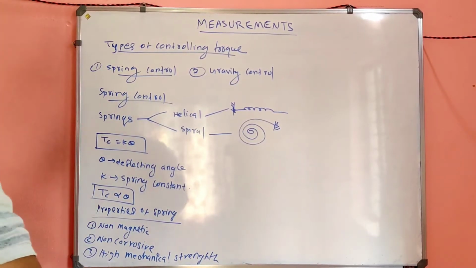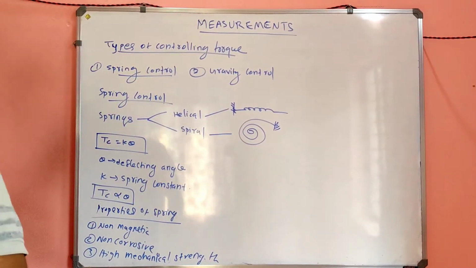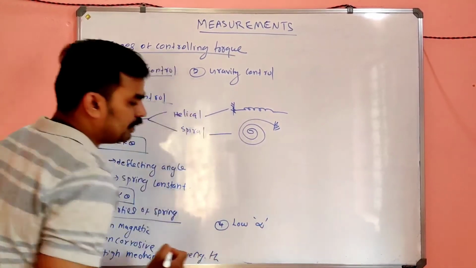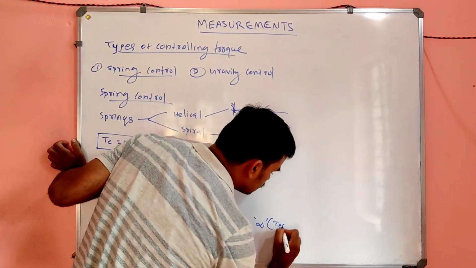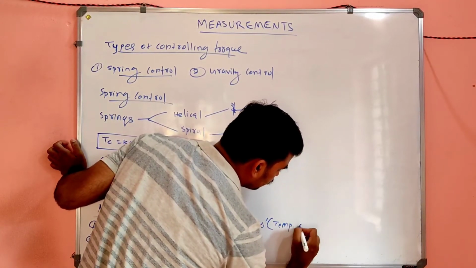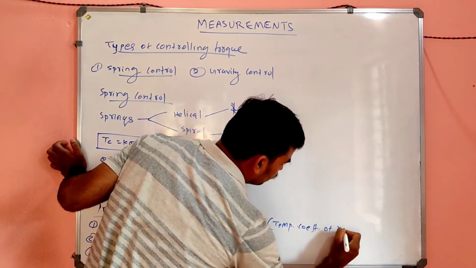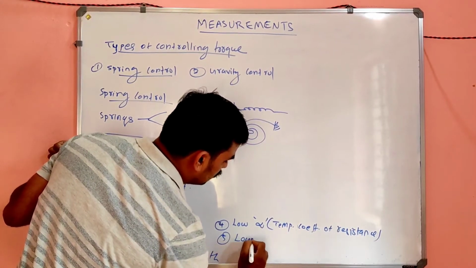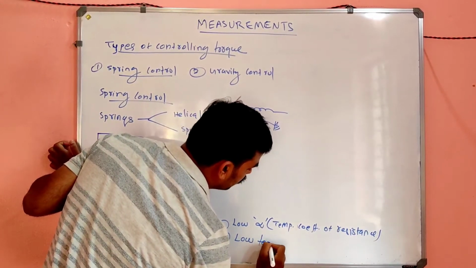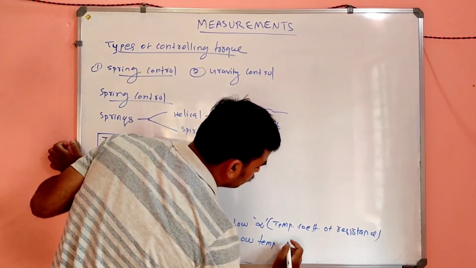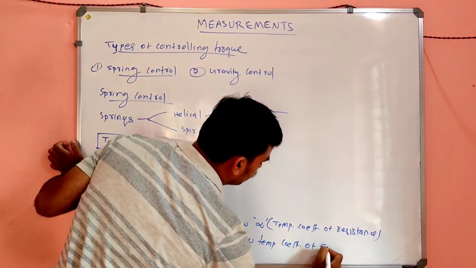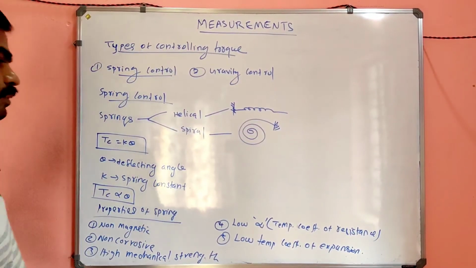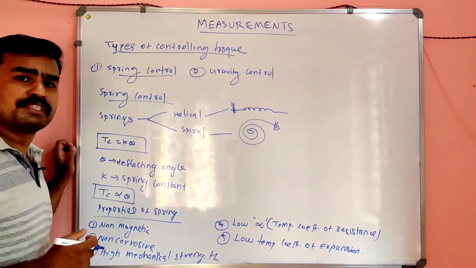Fourth, low alpha, where alpha is the temperature coefficient of resistance. And fifth, low temperature coefficient of expansion. These are the properties of a good spring.